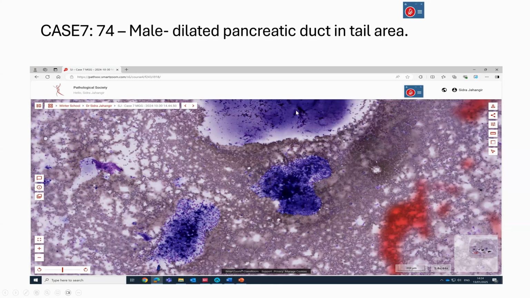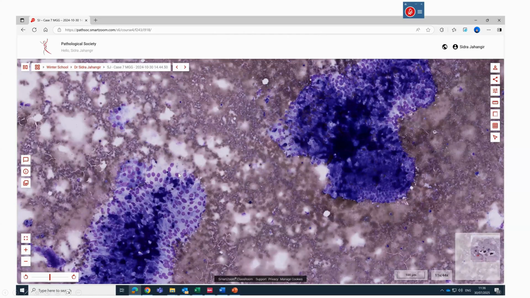You can appreciate there is a mucin deposit, thick kind of mucin here, and a few big ductal clusters. It can't be normal, too cellular, and cellularity is much more than a normal ductal group. They're hypercellular, they are large in size. Ductal cells are overlapping with each other significantly. They are not regarding each other's boundaries.